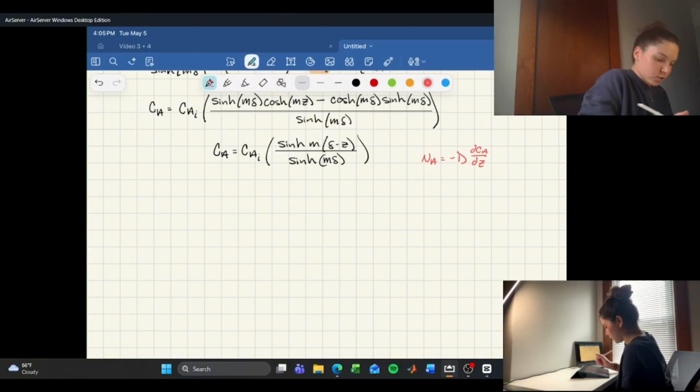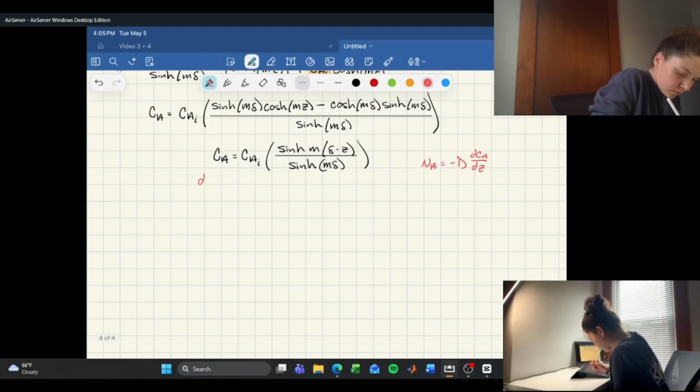So the derivative here, this is going to be the concentration gradient with respect to position.